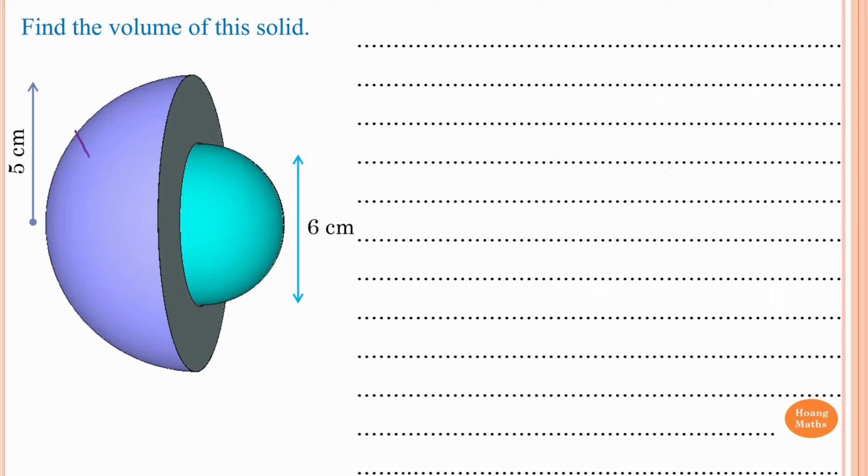So let's label this volume 1 and this is volume 2. So we know that volume is 4 over 3 pi r cubed, and that gives me the volume of a sphere, and we only need half of it, so we times by a half. So now label this as volume 1. Let's work out 1 first and then volume 2, and then we add them up at the end.